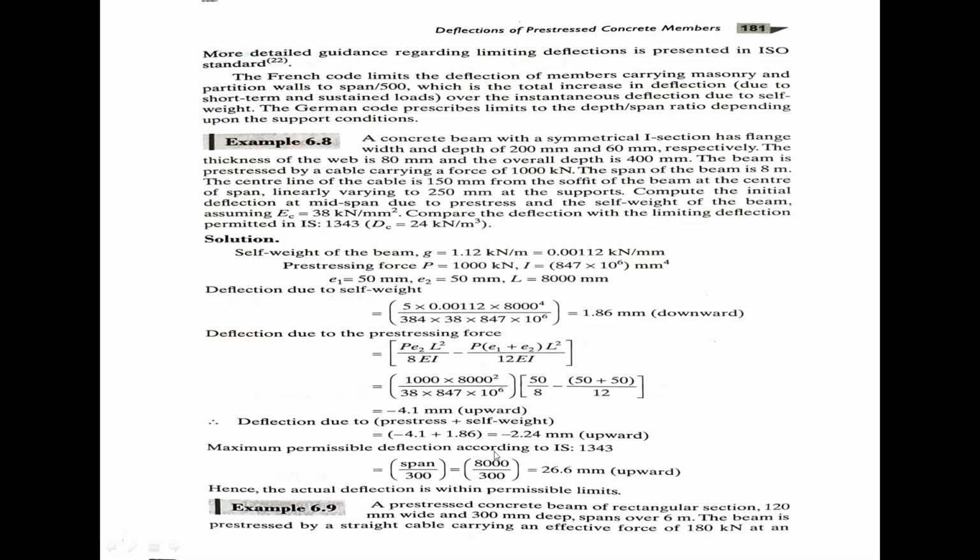Maximum permissible deflection according to Indian Standard IS 1343 is span by 300. For symmetrical sections of concrete beams, take span by 300. That means 8000 divided by 300, 26.6 mm.